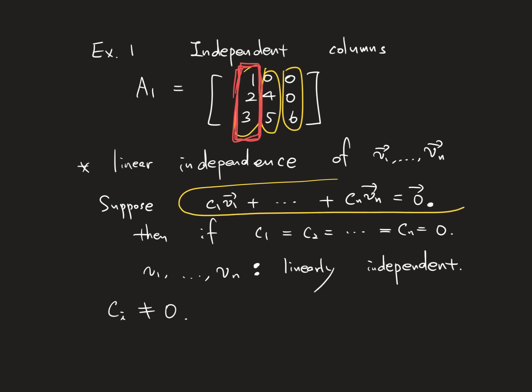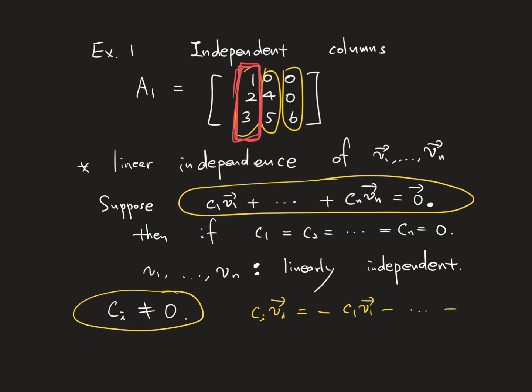So Ci vi is equal to minus C1 v1 minus and so on, minus Cn vn. You have to be careful because the Ci term is missing.